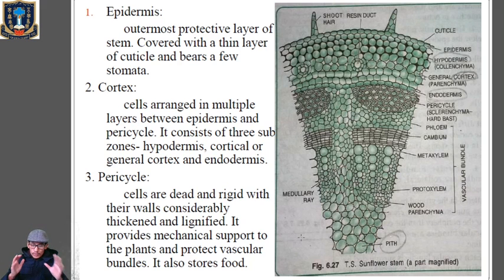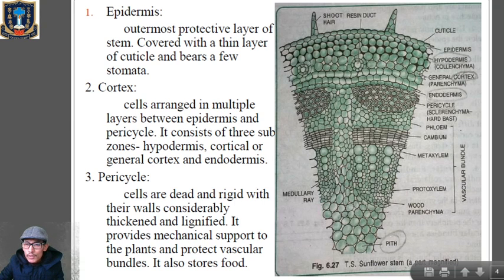Okay, so first of all, the first part is epidermis, which is the outermost layer of the stem, and it is protective in nature. Okay, now this particular epidermis is covered by a thin layer of cuticle. Even you can see over here. So this particular part with no intercellular space is the epidermis part.